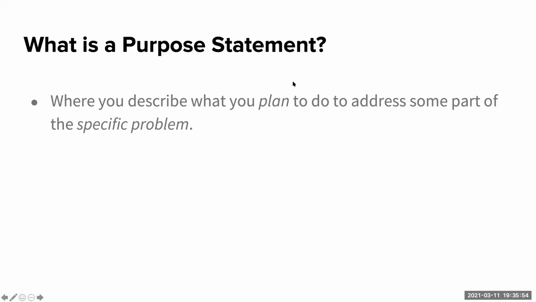And in short, you describe what you plan to do to address some part of the specific problem that you identified in the problem statement section. Now, I say the specific problem and recommend that you label the specific problem in that section because I often work with students who get their first round of faculty feedback telling them, hey, your purpose statement is describing addressing part of the general problem, but not the specific one that you said you were doing.